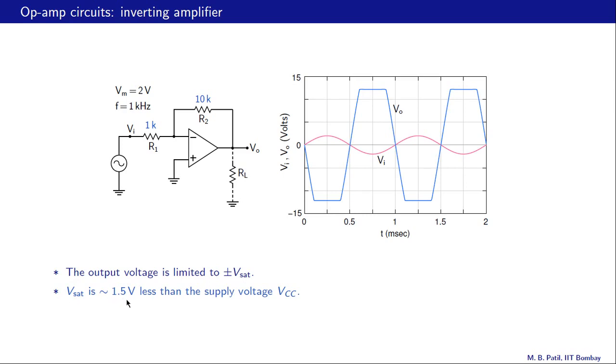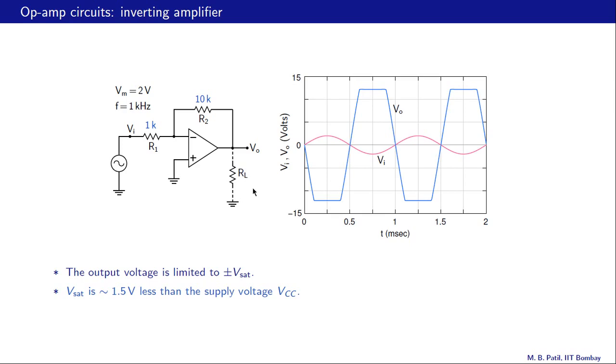Vsat is about 1.5 less than the supply voltage VCC. So if VCC is 15 volts, for example, then Vsat would be 13.5 volts. That means the output voltage would be limited to 13.5 volts on the positive side and minus 13.5 volts on the negative side.